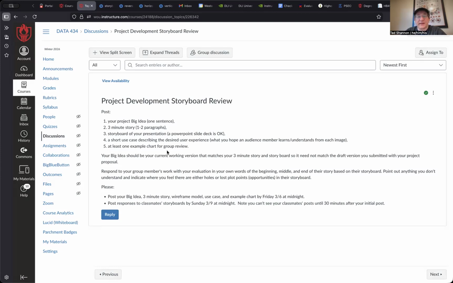So anyway, that's what should be in this storyboard: your restated big idea, your 3-minute story, the storyboard itself, and then a use case description of what a user is supposed to experience based on the things in your storyboard, and an example chart. All right.